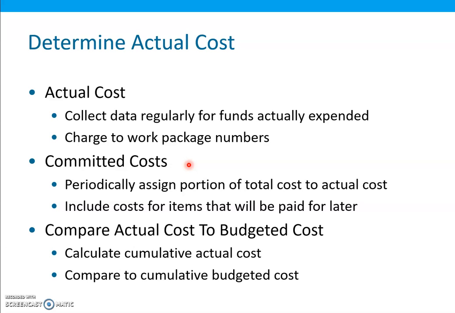Committed costs are also known as commitment or encumbered costs. And costs are committed when an item is ordered, even though actual payment may take place at some later time.